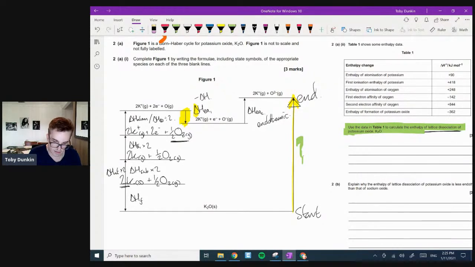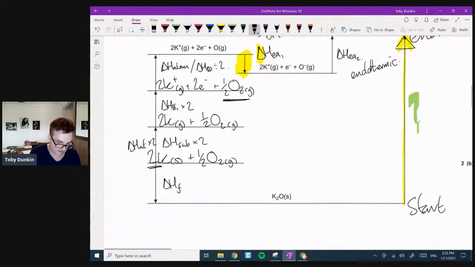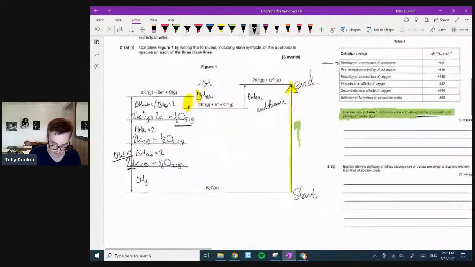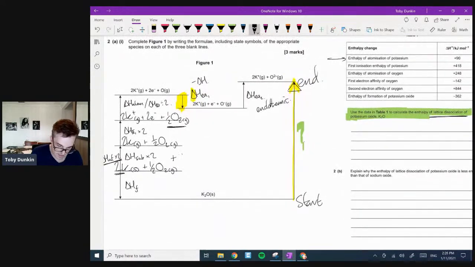So the enthalpy of atomization of potassium. They've given us this one this time, so I'm going to add that data in there, plus 90, but we need to multiply it by 2. Next one, the first ionization energy of potassium, plus 418, but we need to times it by 2 because we had 2 potassiums.